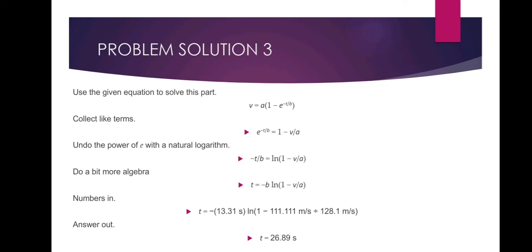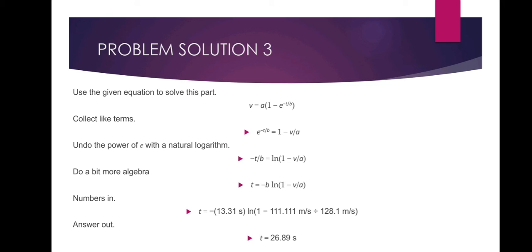So the problem solution for question 3: firstly, we need to use the given equation to solve for t, which is v equals A(1 minus e power of negative t over b). Then we collect the terms: e power of negative t over b equals 1 minus v over A. V is velocity.